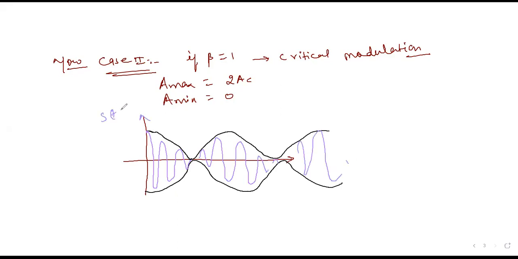So this is your resultant. This is 0 minus twice of AC, this is plus twice of AC. So this is for critical modulation. A minimum is 0.